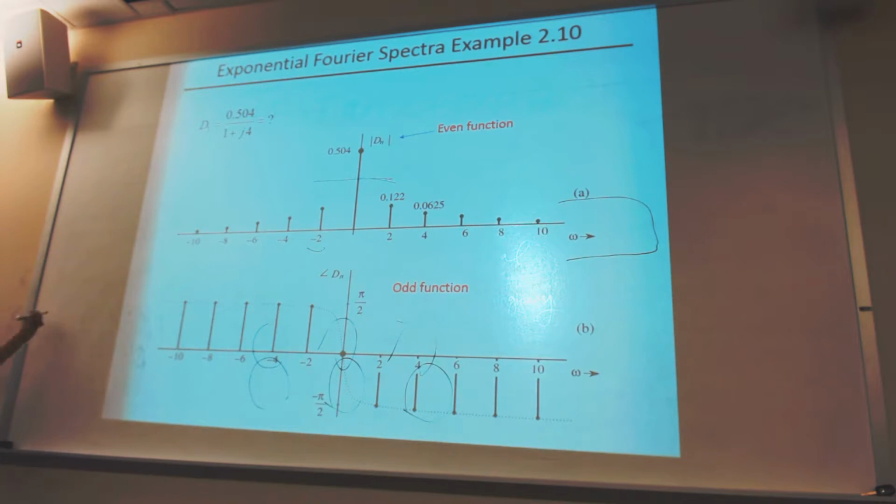So in general, if you have something like z1 over z2 and you want to find the magnitude, the magnitude is just the magnitude of the numerator divided by the magnitude of the denominator. So in this case, it's just the numerator magnitude, divided by the square root of 1 plus 4 squared, which is 16. Okay, so this is the magnitude of D1. How about the phase? What is the phase of this D1?